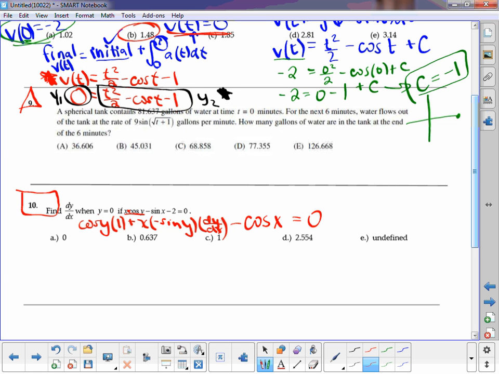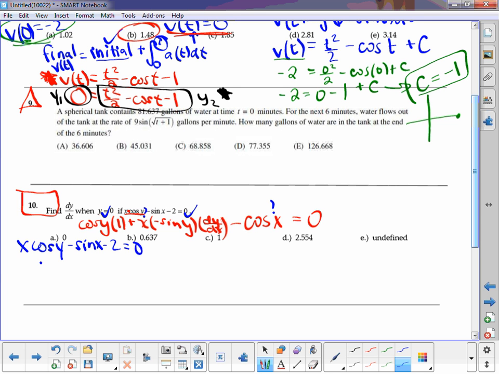Alright, now we want to know the derivative specifically when y is 0. But they didn't give me my x value. So I know what my y value has to be, but I don't know what my x value is. How do I find my x value when given the y? Just plug it in. So I'm going to go do that off the side here. X cosine y minus sine x minus 2 equals 0.